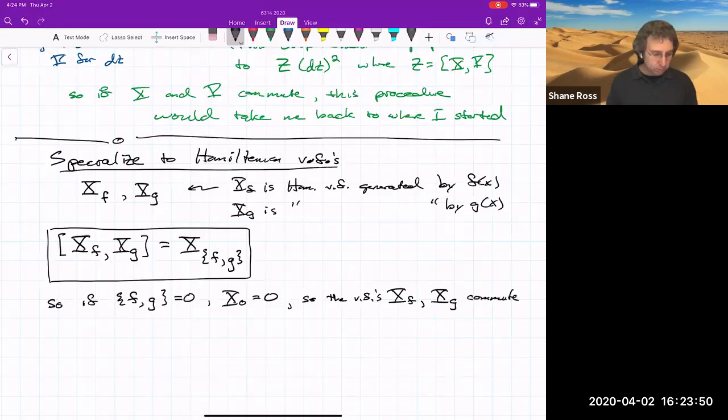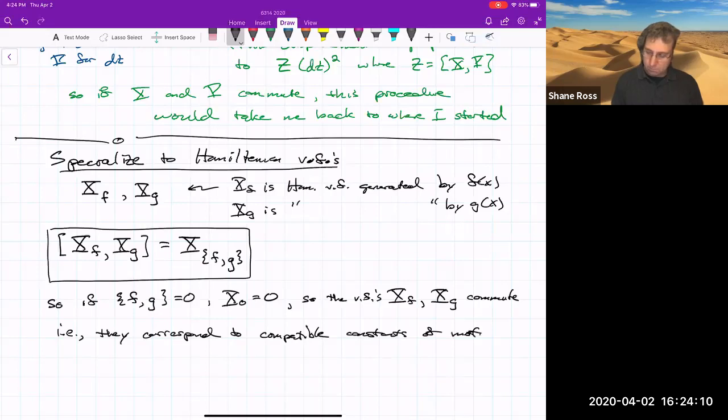They're compatible. What's another way of saying this? They correspond to compatible constants of motion. And that will take some explaining.